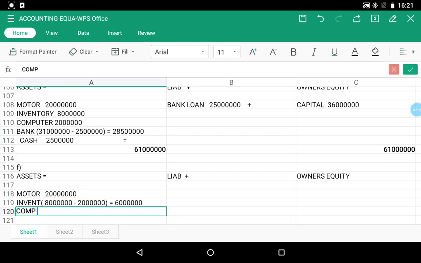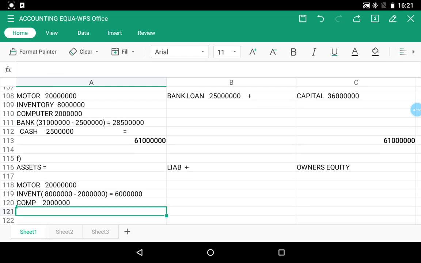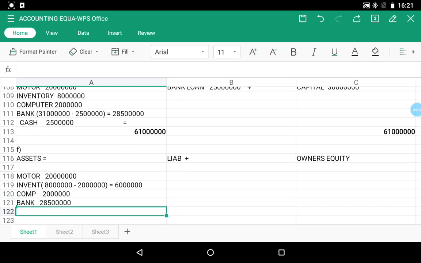After inventory, the computer did not change; we still have 2 million computer. Then the bank did not change; we still have 28.5 million. Cash also did not change; we still have 2.5 million. So those are our assets.